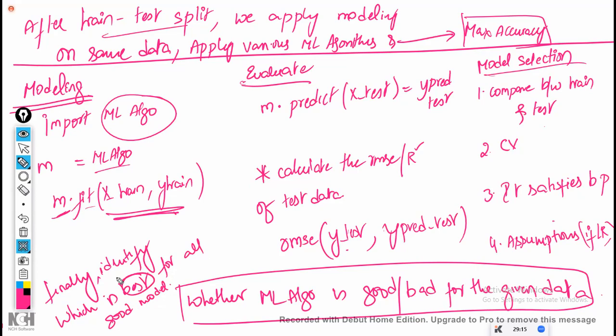In this class, whoever has crossed 90%, they are good students, according to me. Assume one student has got 92, one student has got 94, one has got 96, one has got 93, and one more student has got 92. Like this, 10 students have got between 90 and 100. All 10 of them are good.